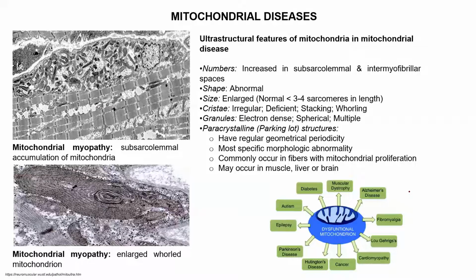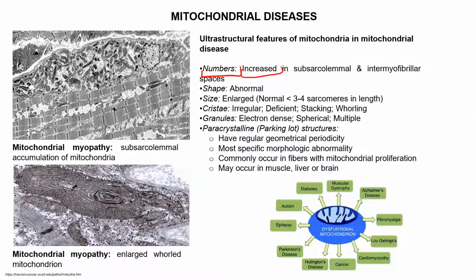Okay, so here you could see the mitochondrial diseases, and they could be related to the numbers. So we could have the increased number of mitochondria in the muscle cells.